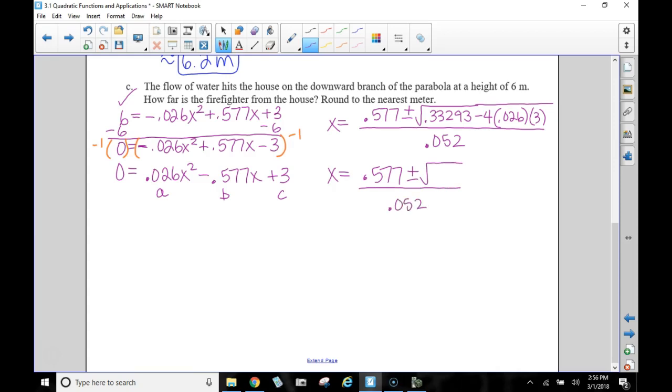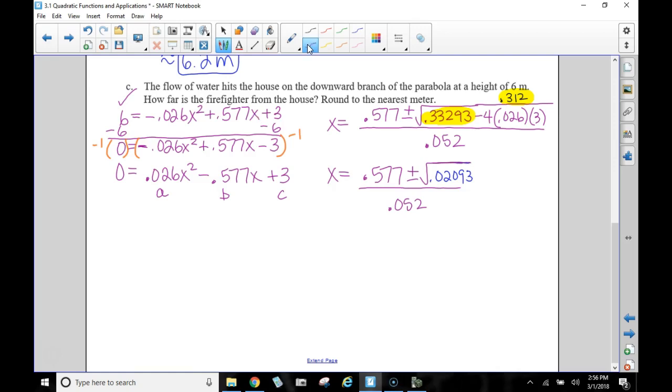When we take 0.33293 minus what will be 0.312 inside there, we end up with 0.02093. That's what that is when we combine this number minus this number. This is definitely a calculator kind of thing.